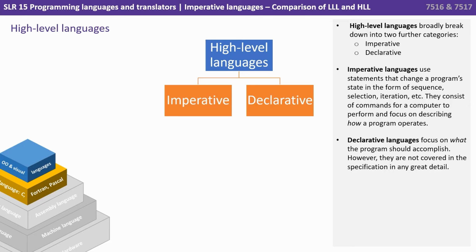They consist of commands for a computer to perform and focus on describing how a program operates. Declarative languages, on the other hand, focus on what the program should accomplish. However, these types of languages are not covered in great detail in your specification.